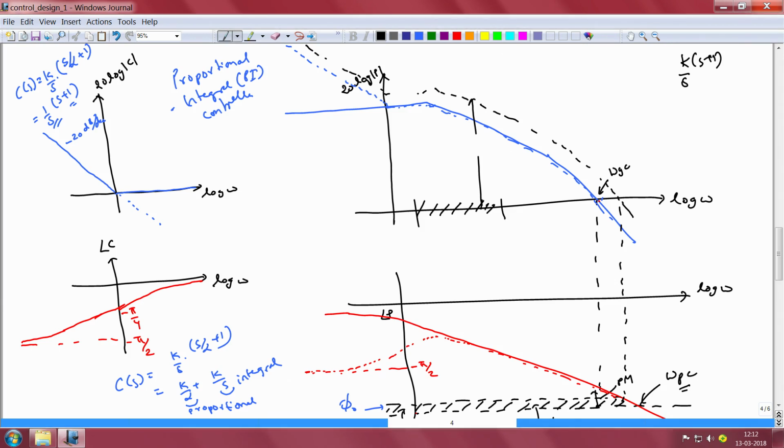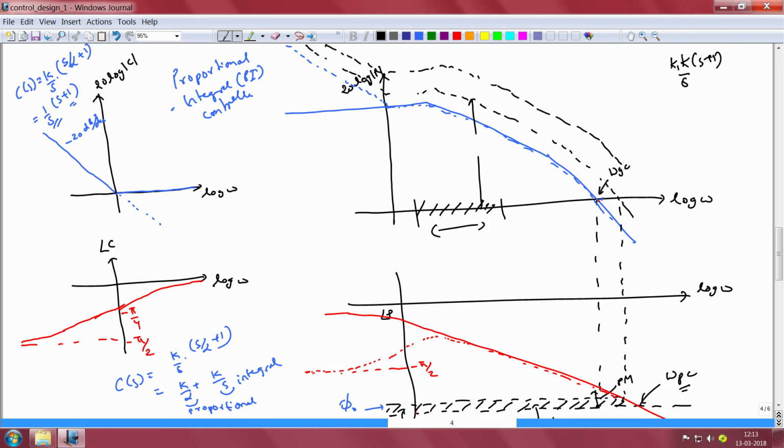Then what can we do? One possible way forward to address this requirement of higher gain in this frequency range is to further increase the gain by multiplying with a constant k1. If we were to do that, then our Bode plot would look something like this.